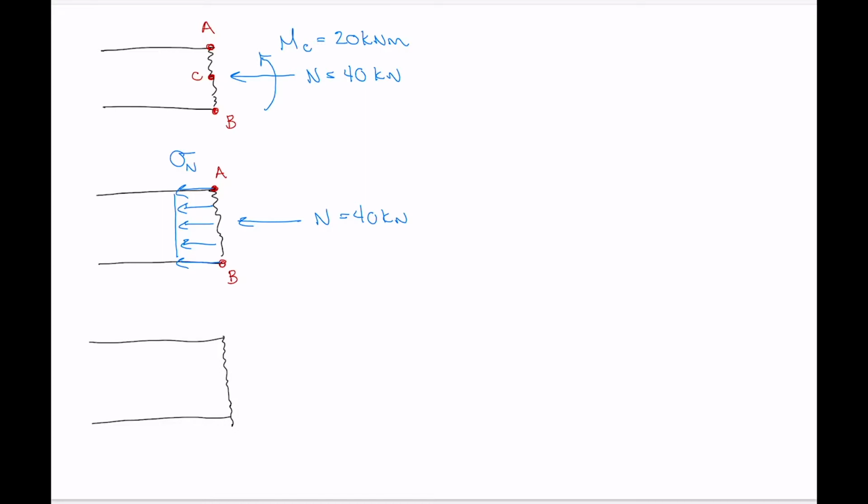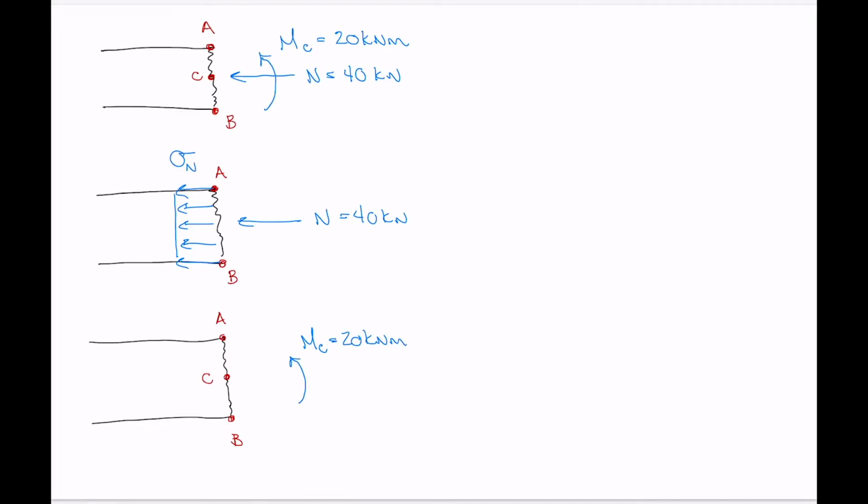Okay, let's just clean that up a tiny bit there. So we've got our point C right in the center, point A at the top, point B at the bottom, and our moment is acting around in that direction. M subscript C is not 40, it's 20 kilonewton meters.